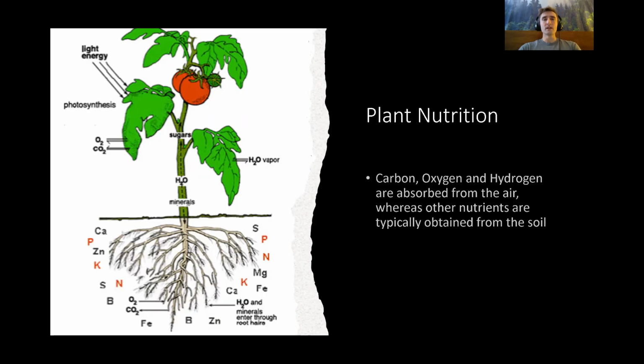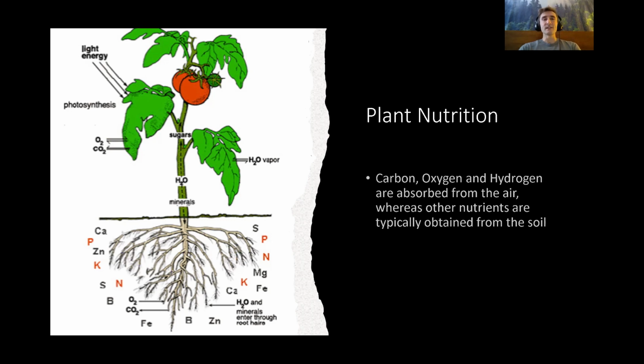There are many essential elements that plants need. The vast majority of them come from the soil. So when we think of adding fertilizer or compost to the soil, we are adding the 17 essential elements, at least, that plants need.